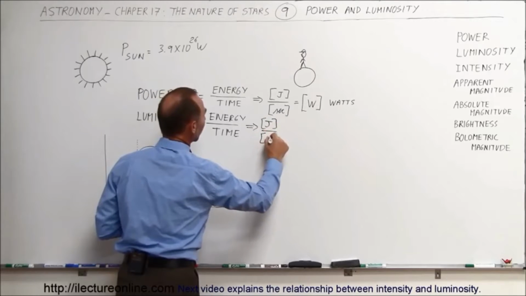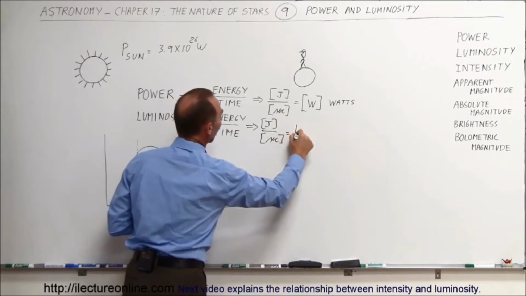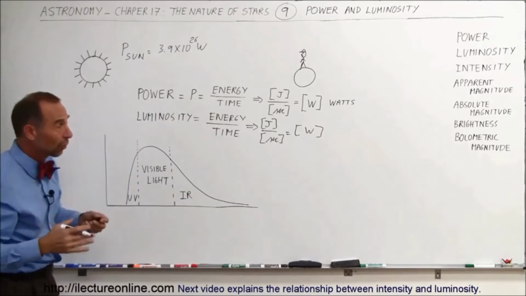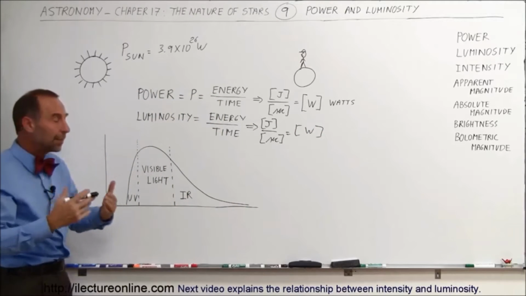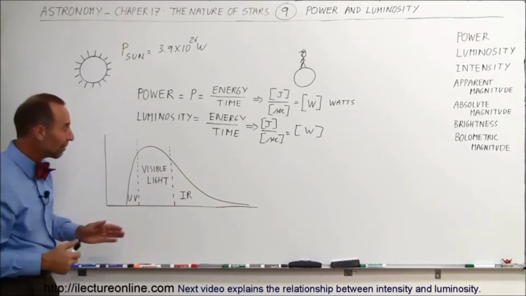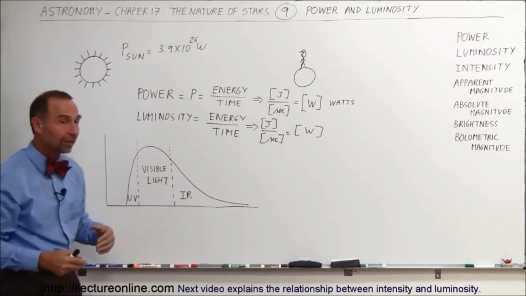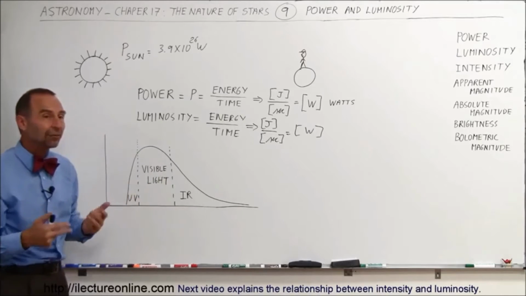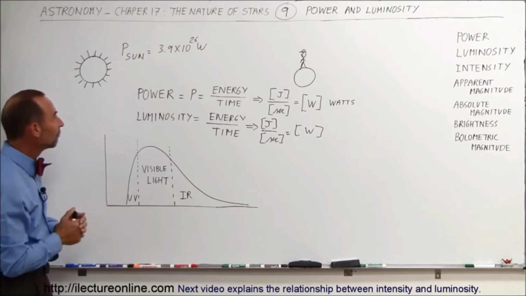And of course, joules per second is watts. So the luminosity of stars is expressed in terms of watts, how many joules per second they emanate, and they also cover all the various energy frequencies or wavelengths, UV, visible light, infrared, and some stars may even put out radiation at higher frequencies, but typically it's in these three frequency bands.